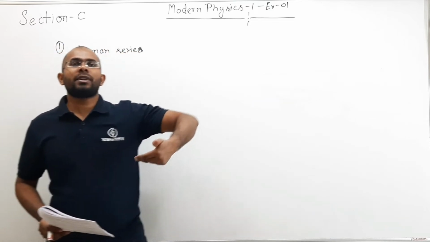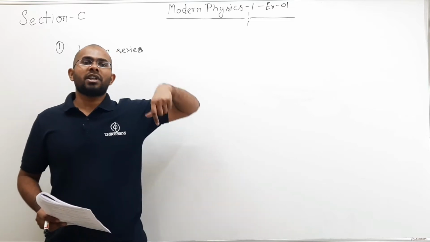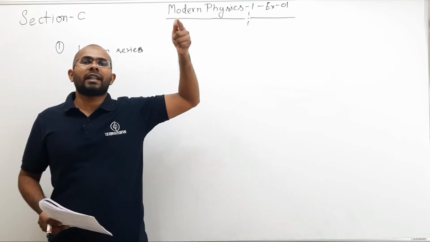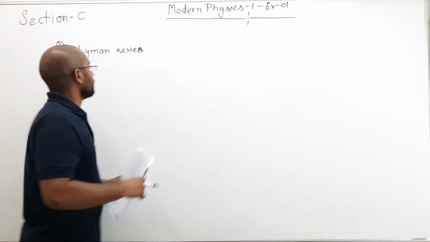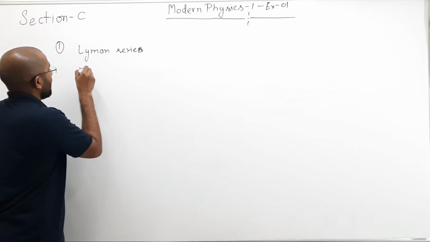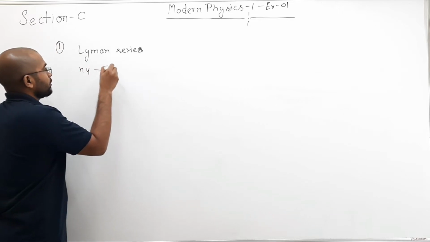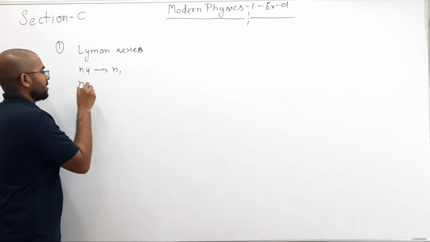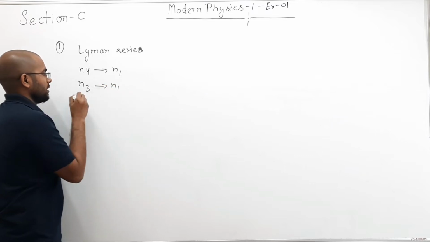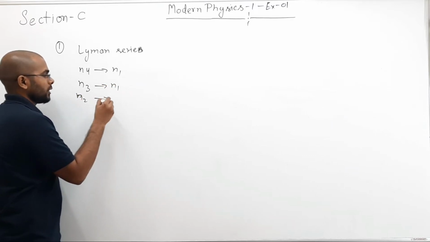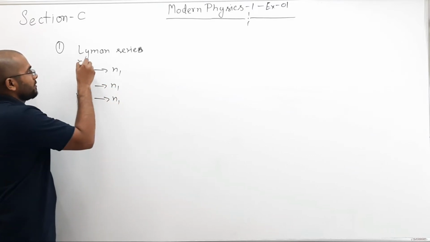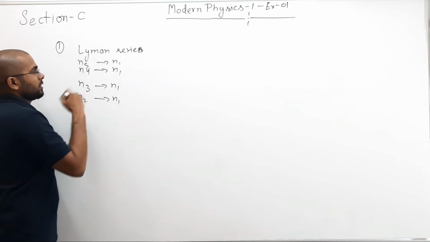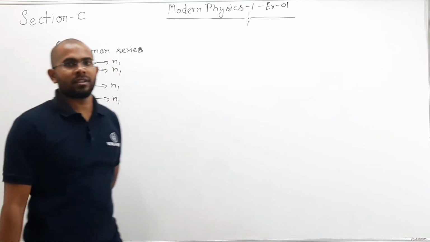Highest photon will be emitted when you jump from n is equal to infinity to n is equal to 1. So what is Lyman series? n4 to n1, n3 to n1, n2 to n1, or n5 to n1, or so on. This is your Lyman series.